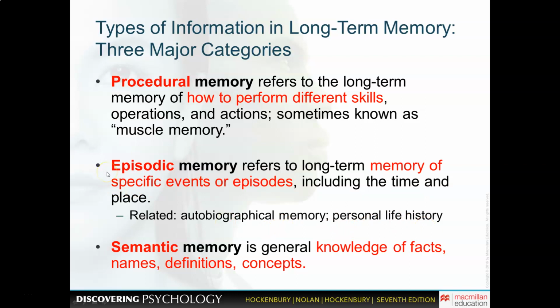So basically, anytime that you remember anything that has to do with a specific event or an episode, that refers to episodic memory. The third type of information in our long-term memory is semantic memory. And that is knowledge of facts, names, definitions, concepts.